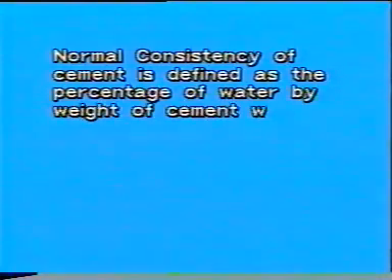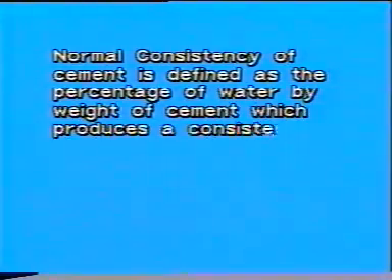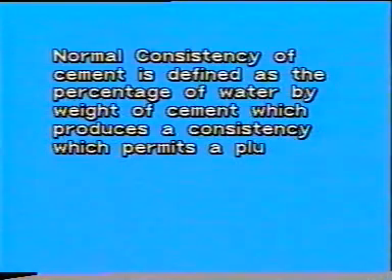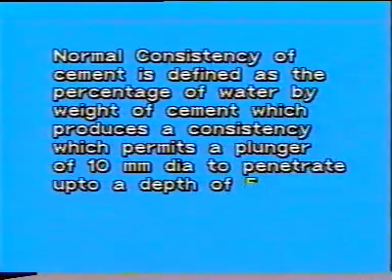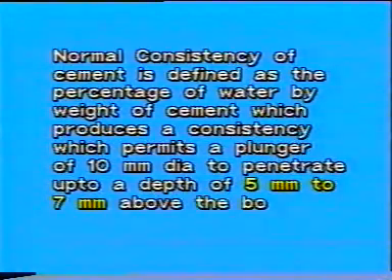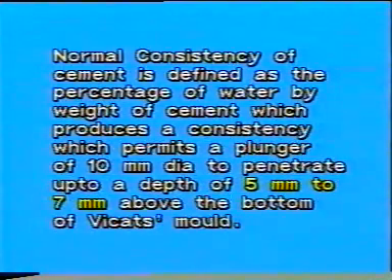Normal consistency of cement is defined as the percentage of water by weight of cement which produces a consistency which permits a plunger of 10 millimeter diameter to penetrate up to a depth of 5 to 7 millimeters above the bottom of Vicat's mold.